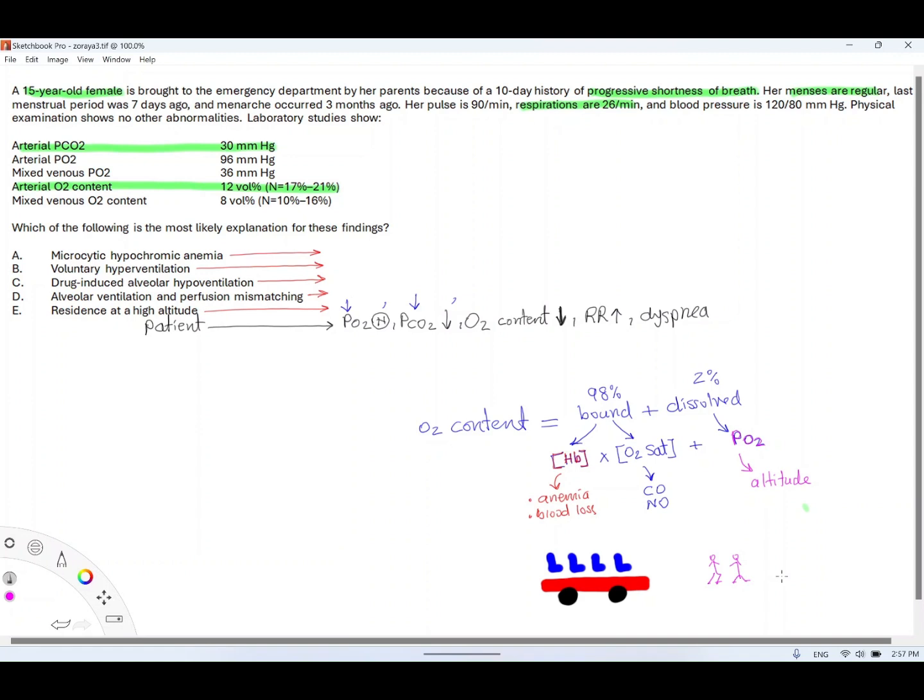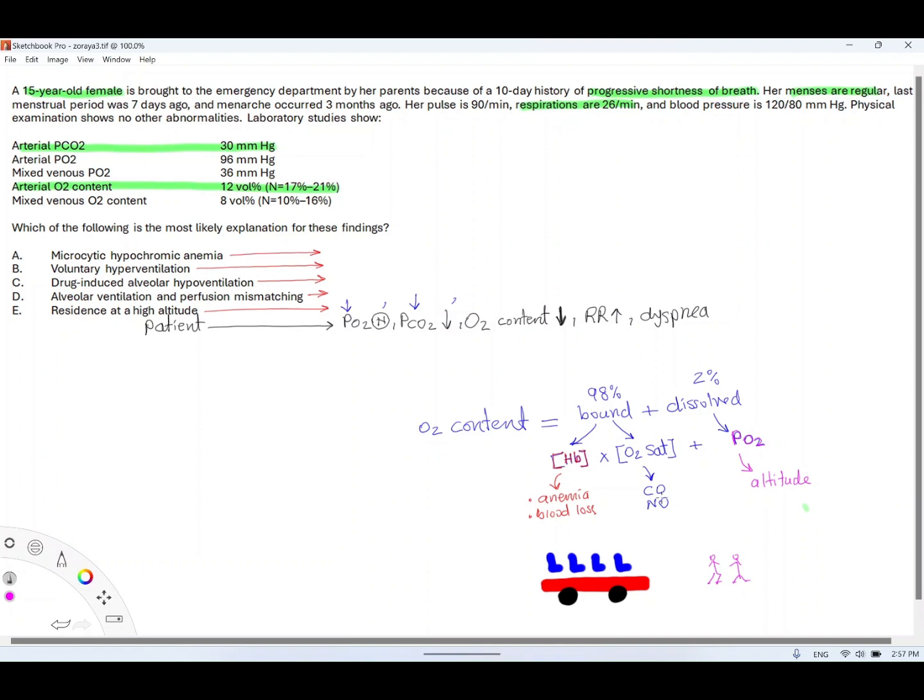Now, if all 4 seats are empty on the hemoglobin, then the saturation of oxygen on the hemoglobin is 0%. If all seats are occupied, it's 100%. If 3 seats are occupied, it's 75%. If 2 seats, 50%. If 1 seat is occupied, it is 25%. Okay, so this is what it tells you.